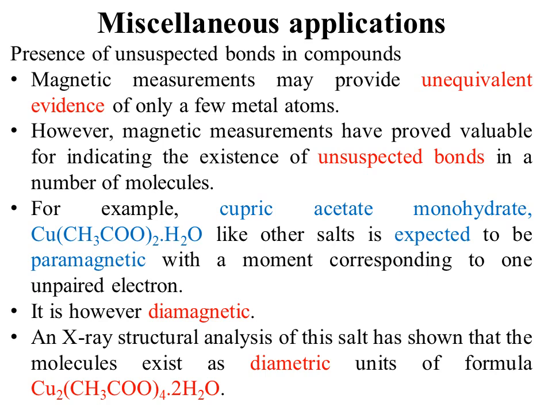But when its magnetic moment was measured experimentally, it showed diamagnetism. Similarly, an X-ray structural analysis of the salt has shown that the molecule exists as a dimeric unit of its unit formula. So it means there are two copper acetate molecules which dimerize.